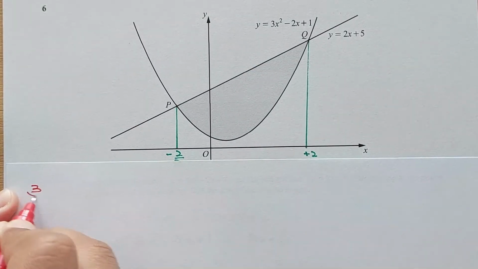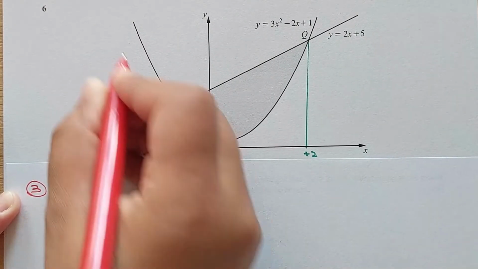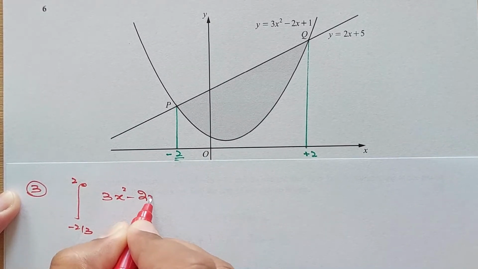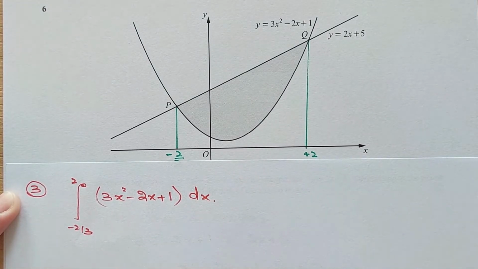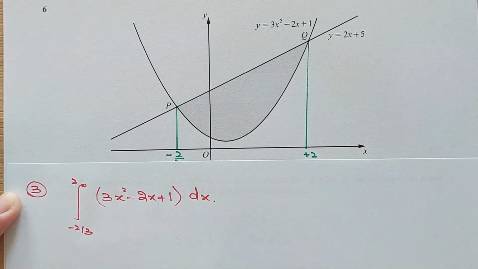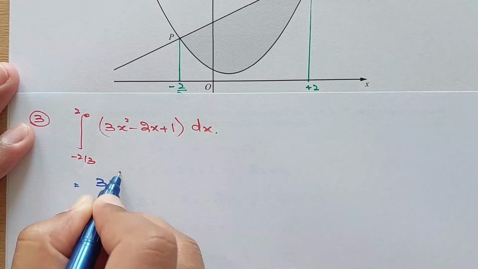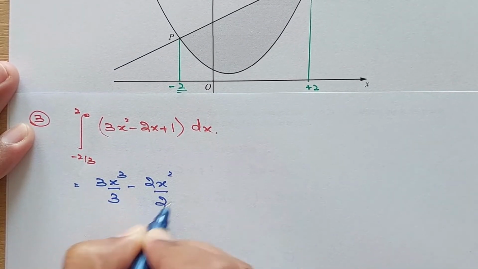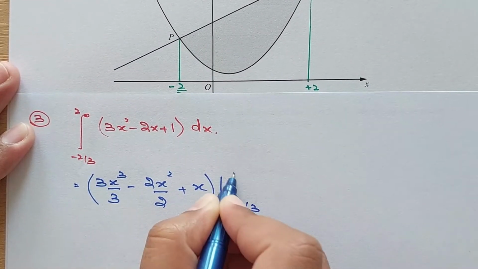Now the third step is we need to integrate between minus 2 by 3 to 2 for this curve. The curve is 3x square minus 2x plus 1 dx. Okay, so this is, let me do 3, and x square is x cube over 3 minus 2x square over 2 plus x between minus 2 by 3 to 2.